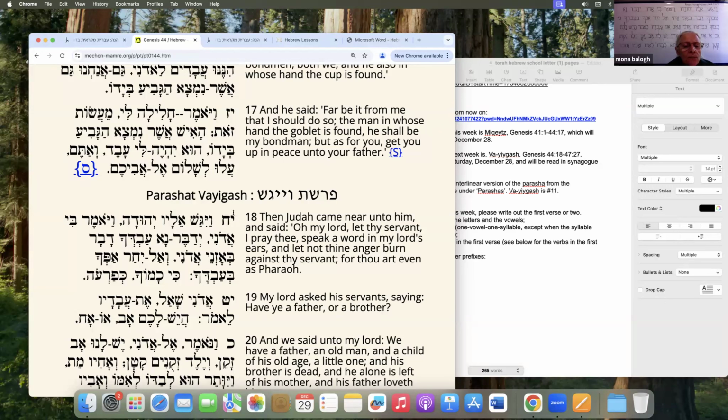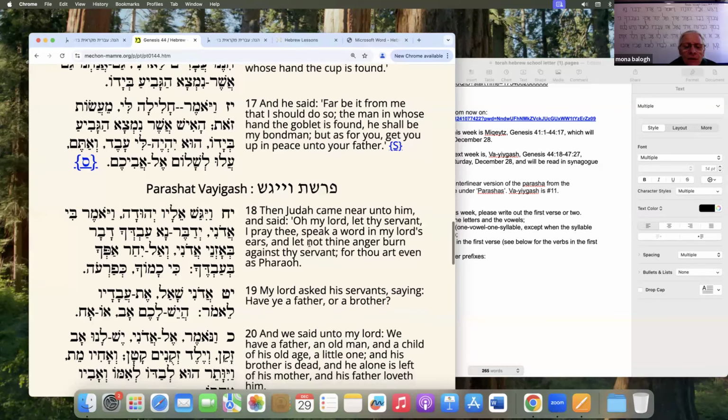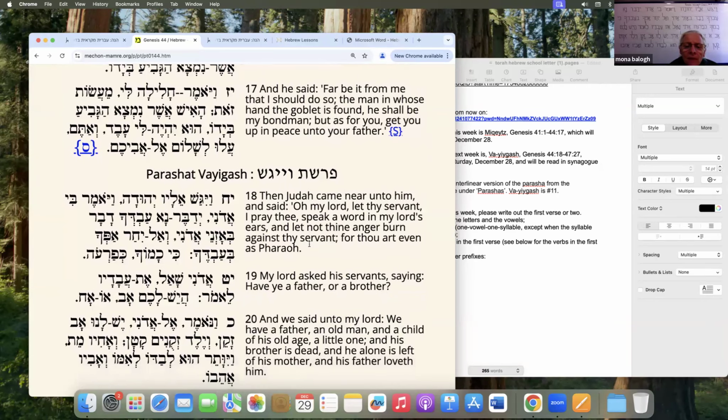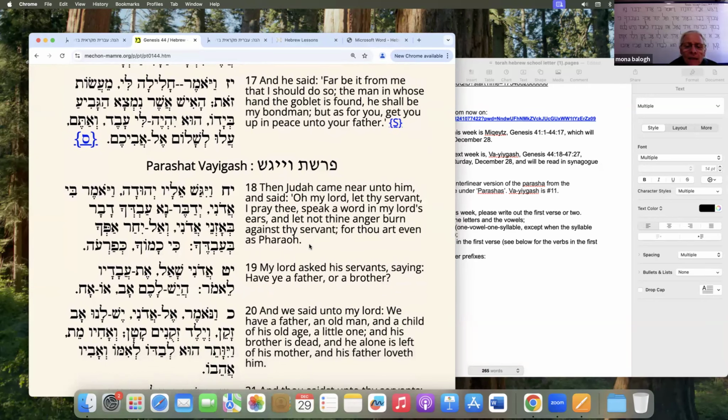All right, here we've got Parasha Vayigash. Then Judah. Now here, remember, Judah did try to save Joseph, as did Reuben. Judah came near unto him, to Joseph, and said, "O my lord, let your servant, I pray you, speak a word in my lord's ears, and do not let your anger burn against your servant, for you are even as Pharaoh.